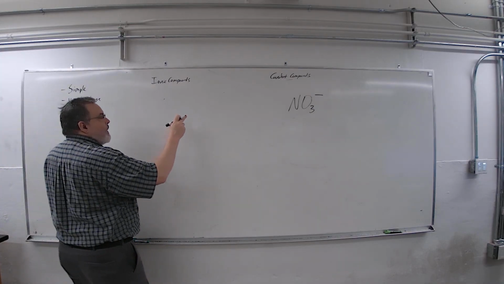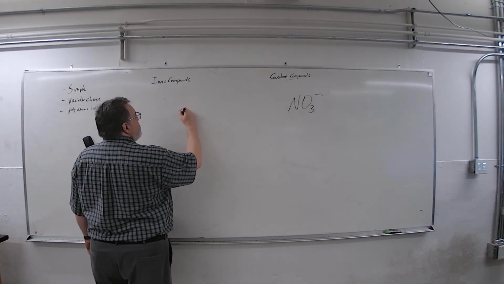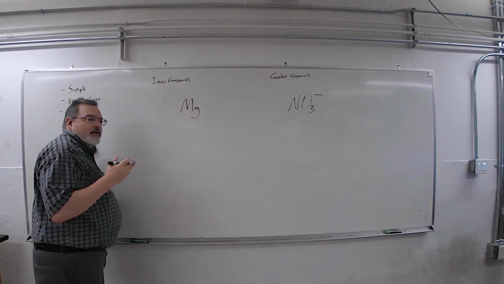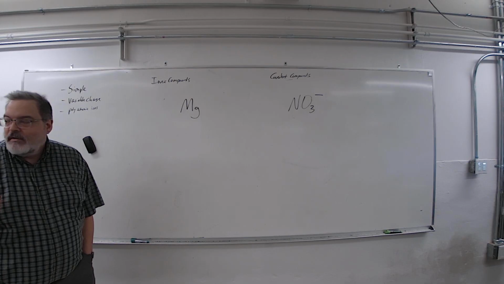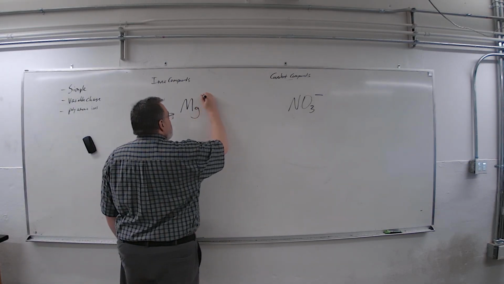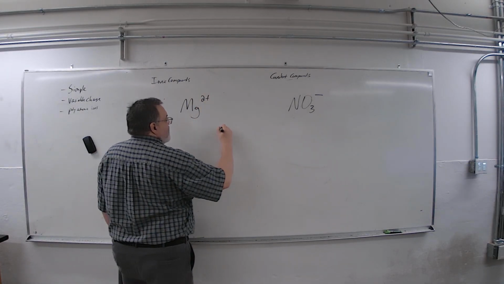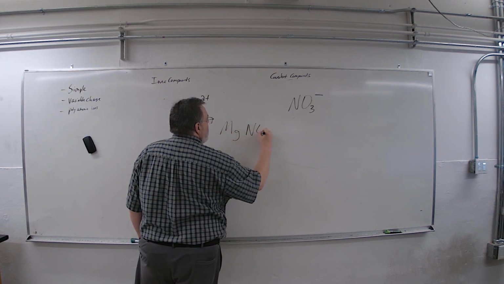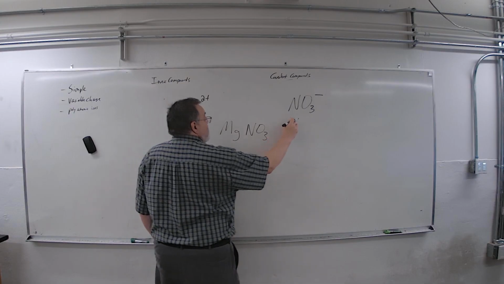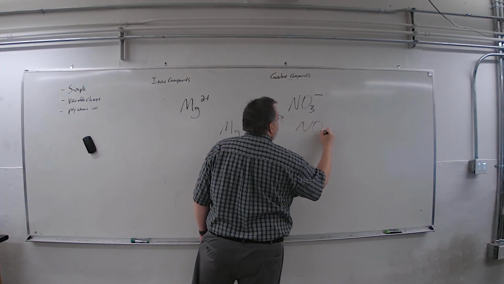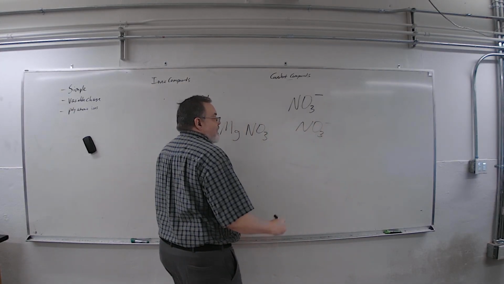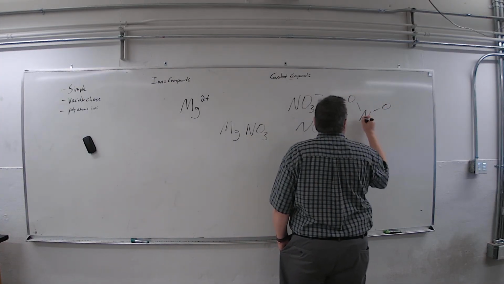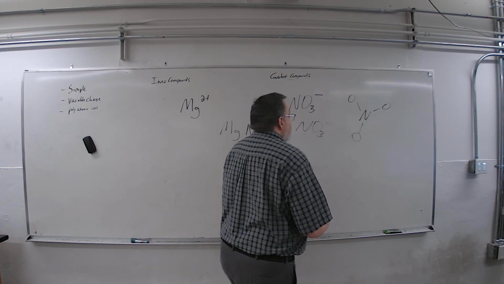And now let's do, there's a metal. What's the charge on Mg? It's in the second column from the left. So it's 2 plus. Now a formula. I need 2 of these. And by the way, that structure just means there's an N and there's 3 O's.